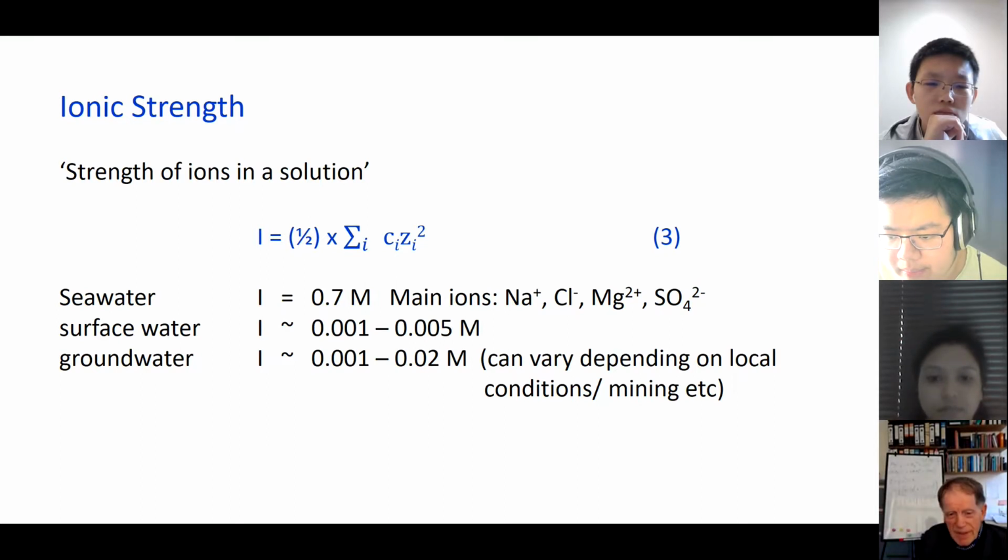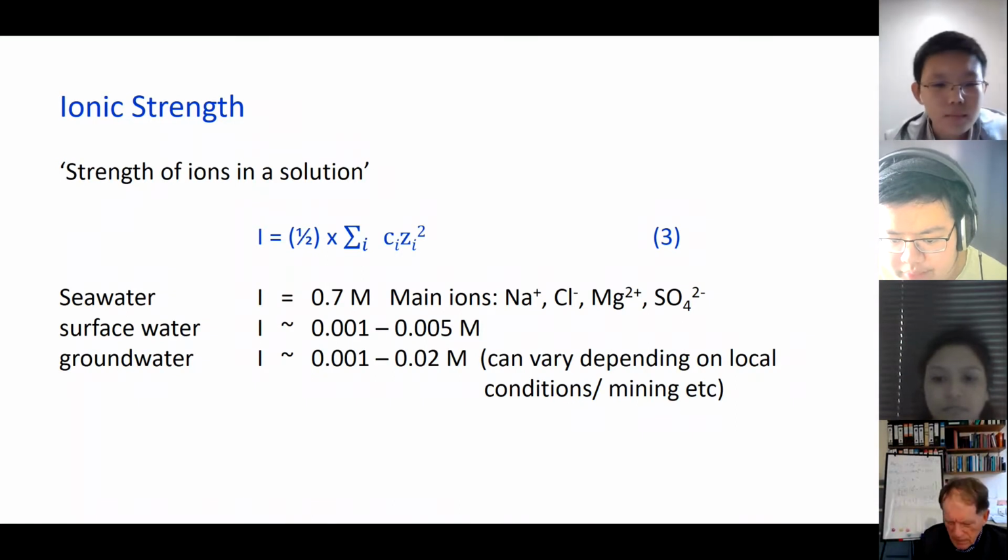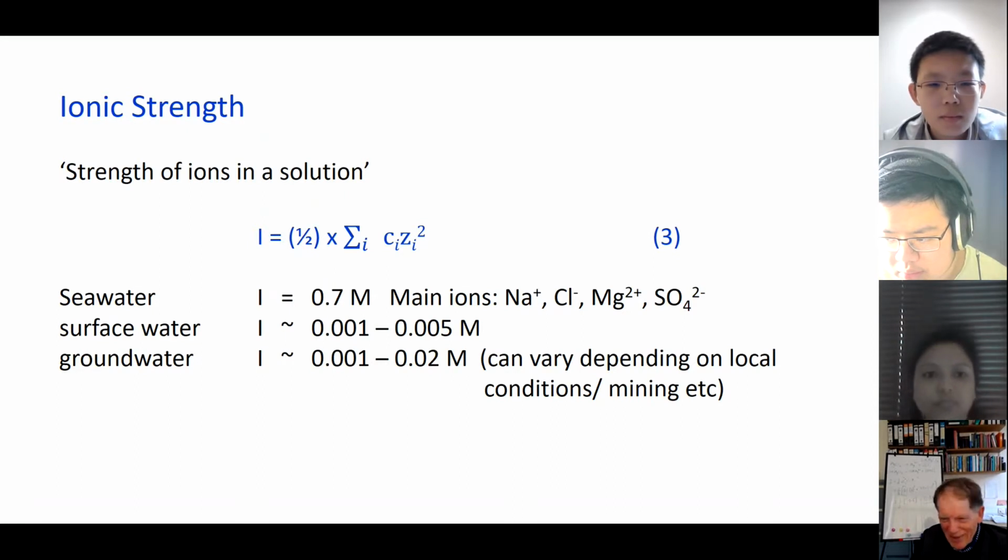So it's a hugely important parameter, ionic strength, when dealing with charged macromolecules. Okay, that's why I've dwelled on ionic strength. Hopefully you'll forgive me for that, but it's a very important concept.